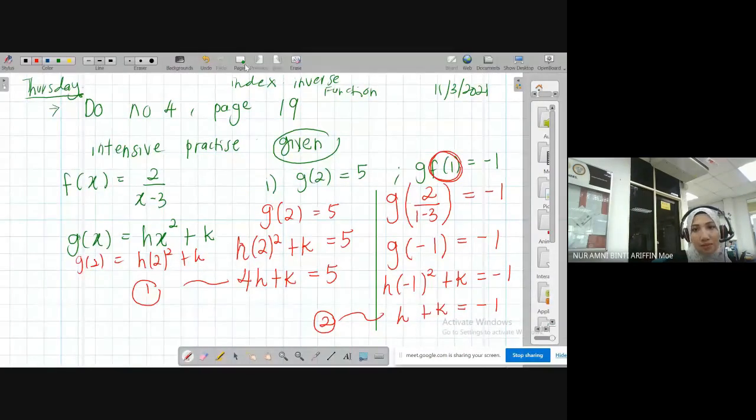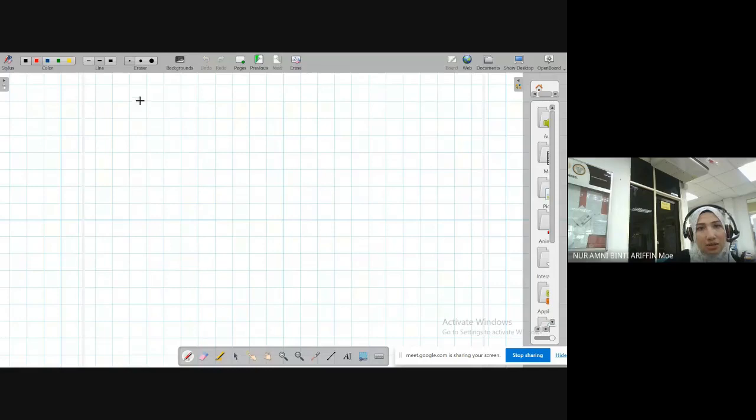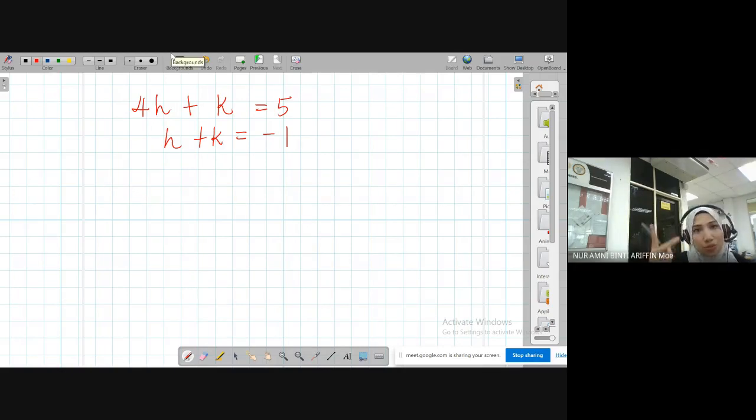Okay, sekarang ni macam mana nak gunakan? Okay, 4h plus k equal to 5, and then h plus k equal to -1. Okay, ingat balik. For solving simultaneous equation, you have two methods. You ada dua method.